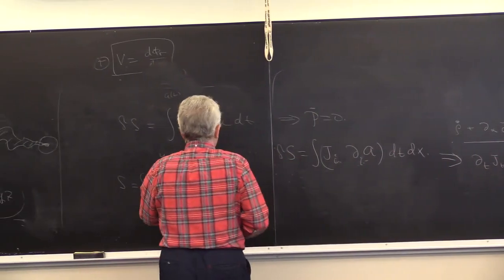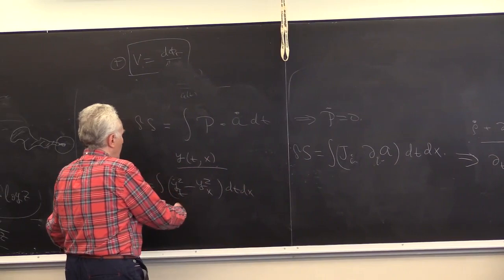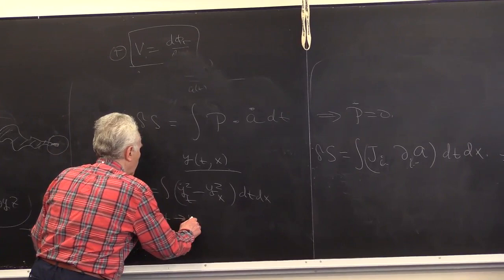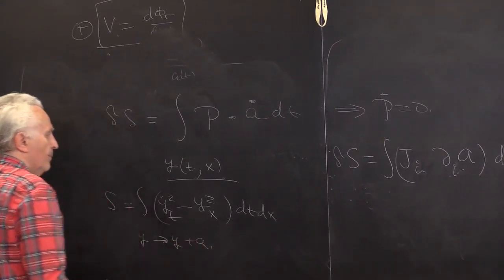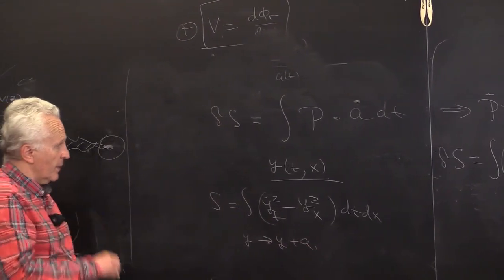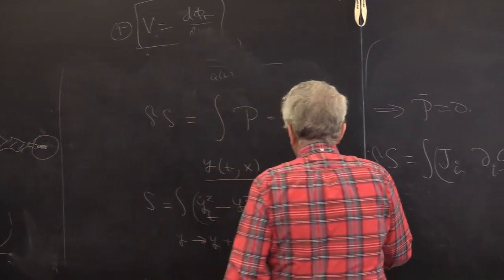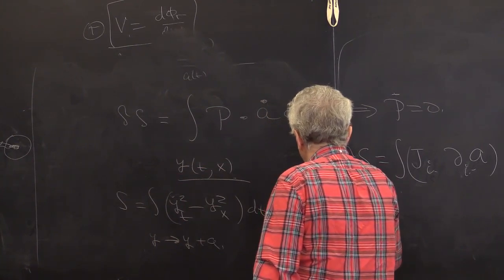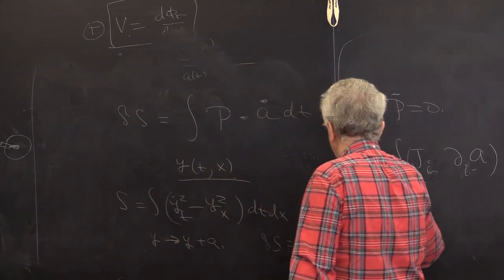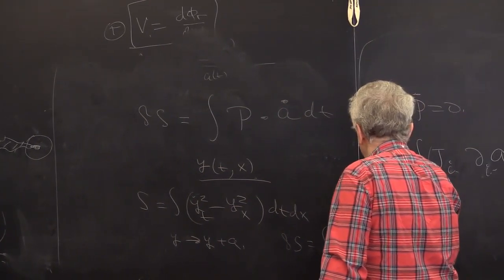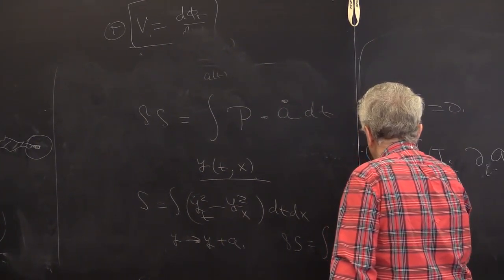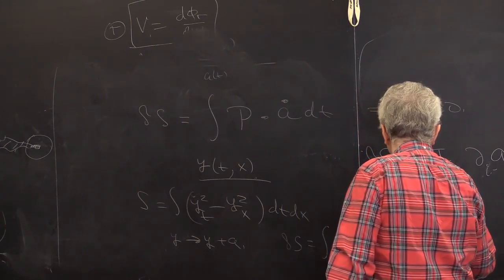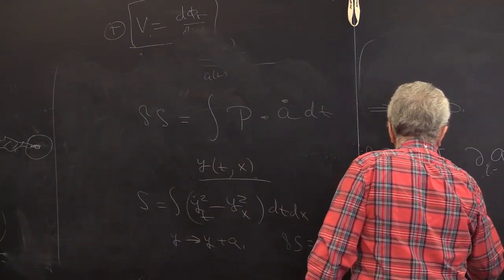So the natural generalization, for instance, here we have a simple symmetry which we can look at, y to y plus a. You see that if we vary this, we get yt, delta yt, a dot minus yx ax, and this is equal to 0.